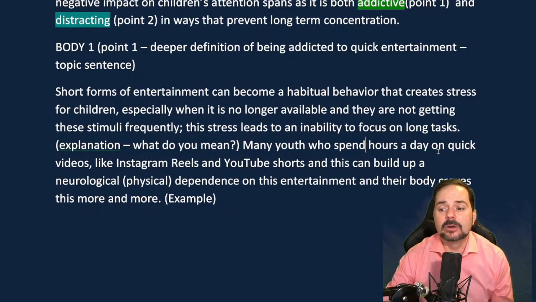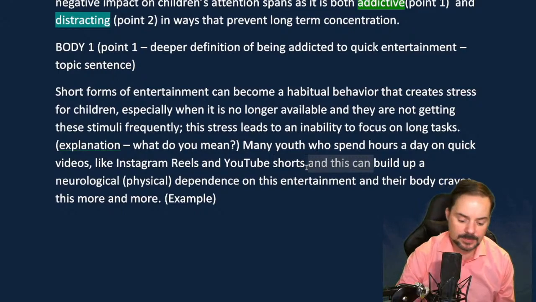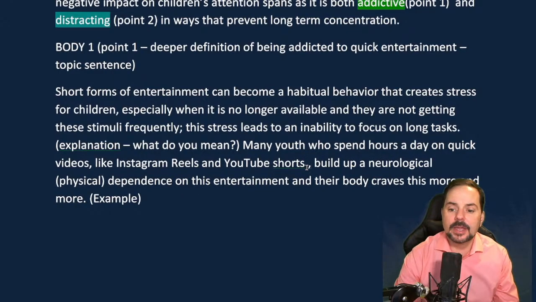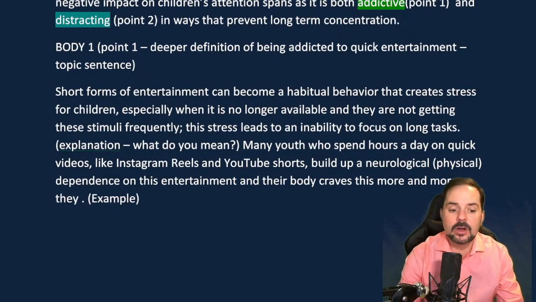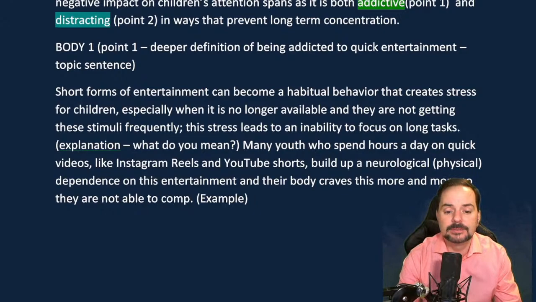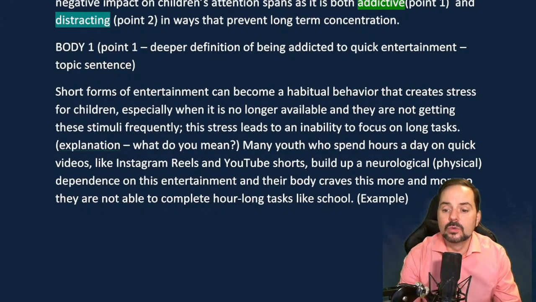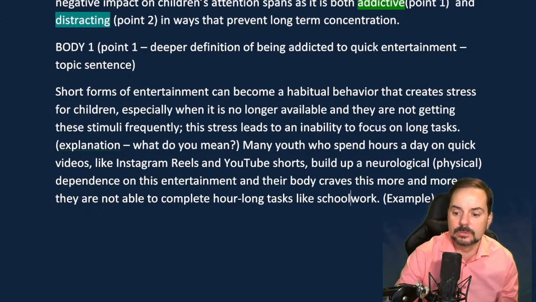Many youth who spend hours a day on quick videos like Instagram Reels and YouTube Shorts build up a neurological dependence on this entertainment, and their body craves this more and more, so they are not able to complete hour-long tasks like schoolwork. Okay, one word, I believe, schoolwork.